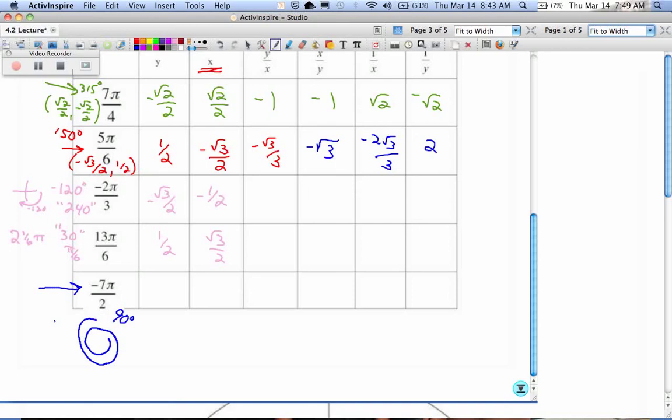What's your ordered pair at the top of the unit circle? X is 0, and 1 is Y. Quickly fill in the rest, and then I will check again.